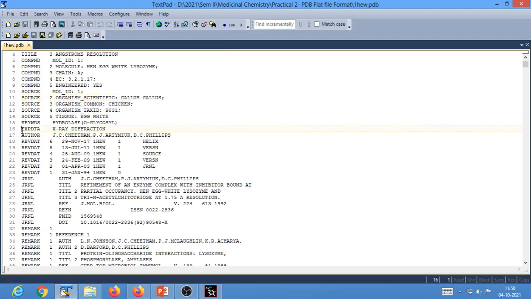Then there is, if the line begins with this keyword, it is used for telling the user what experimental method was used to obtain the structural data of this protein. So this particular protein was solved using the technique called X-ray diffraction.